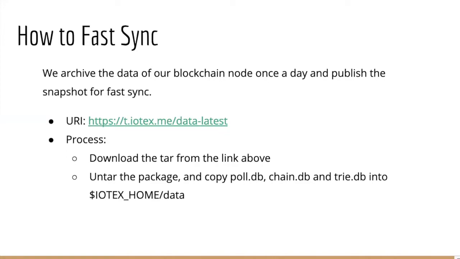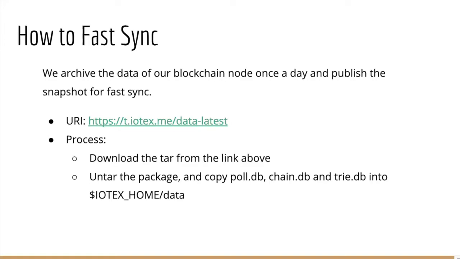Then when you start your blockchain node, you are not going to sync from block 1. Instead, you will sync from the most recent snapshot, with a gap of at most one day's blocks. From there, the sync is going to be much quicker.